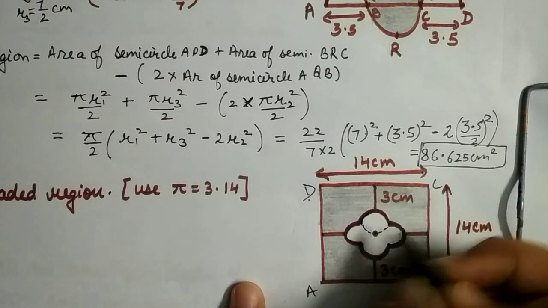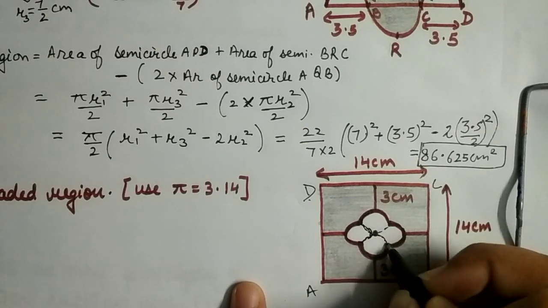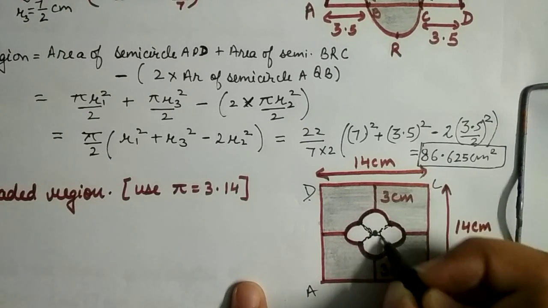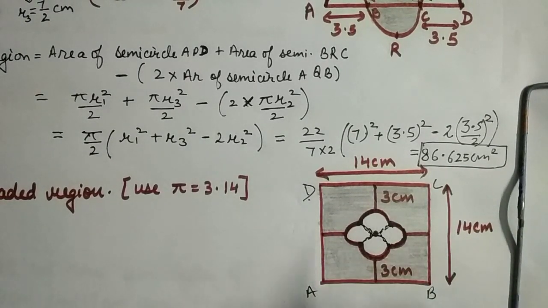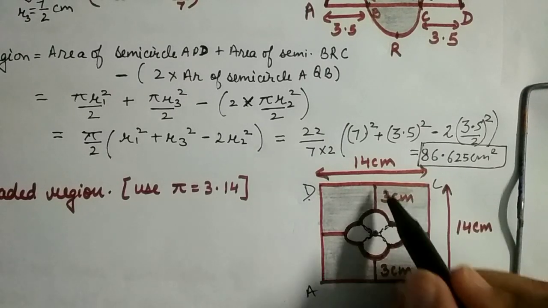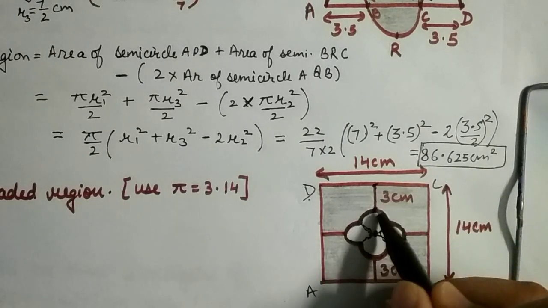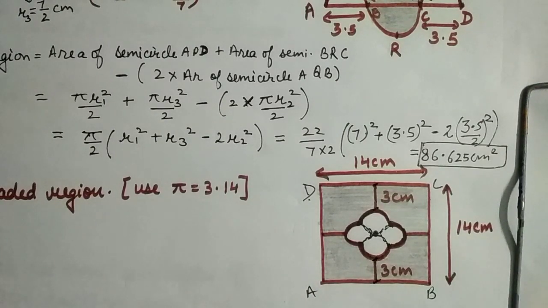See, this is a circle, this is a circle. These 4 circles are having the same radius. Okay, so this figure is formed like this, and this is a square having a side of 14 centimeter, and this distance is given to be 3 centimeter and this distance is given to be 3 centimeter.